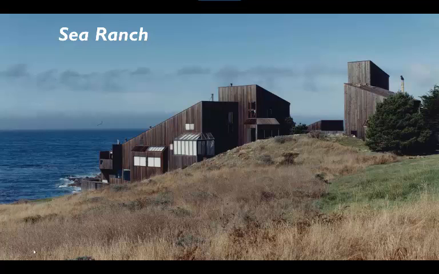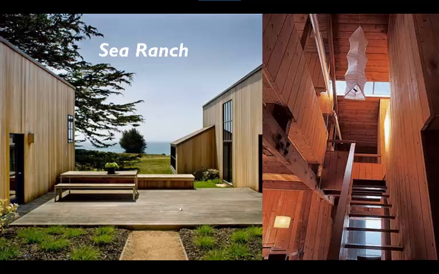And as we look at this, we see that there are some more intimate spaces formed with Sea Ranch. One of the things that the architects did was use natural materials. These are covered in redwood siding, using materials that more reflect the site that it happens to be on.